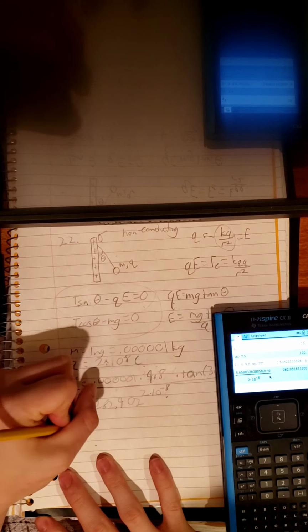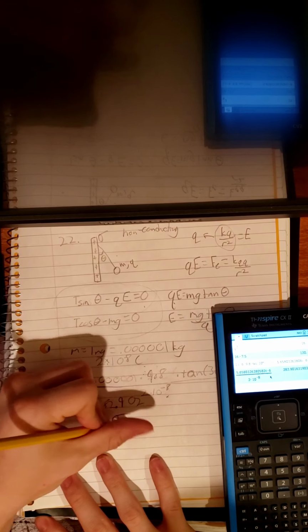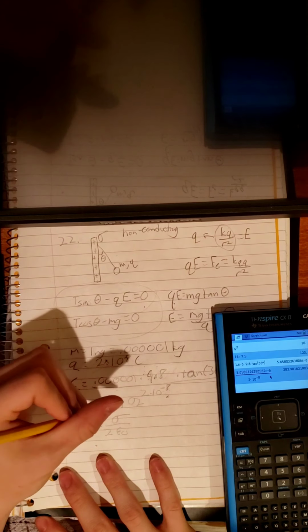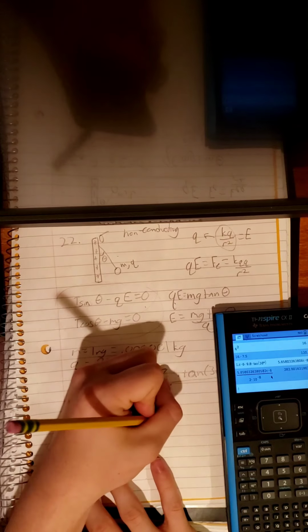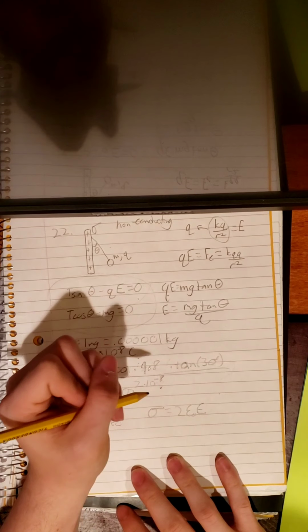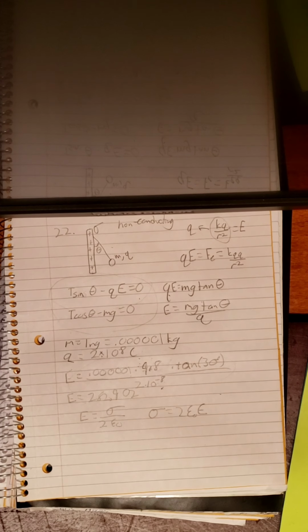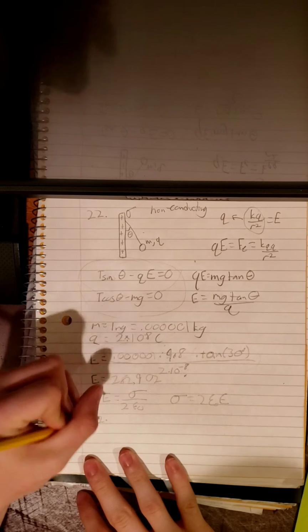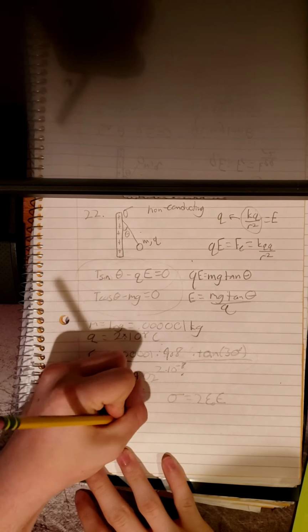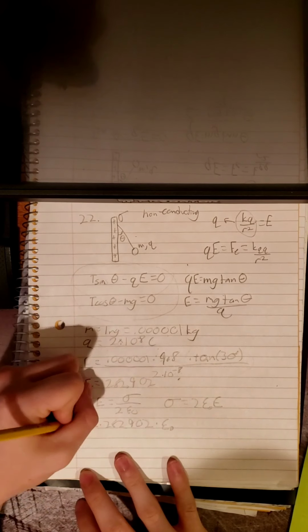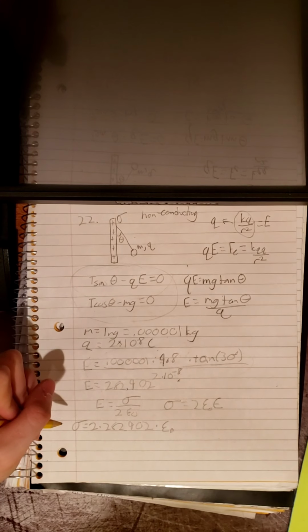So the electric field should be equal to sigma over 2 epsilon naught. So sigma should be equal to 2 epsilon naught E. Once we run this calculation out, we should get 2 times 282.902 times epsilon naught is equal to sigma.